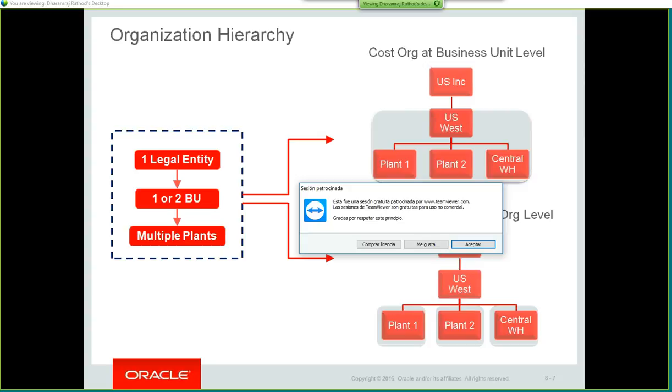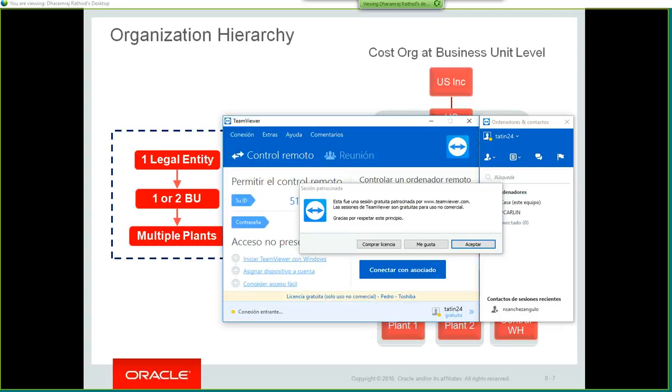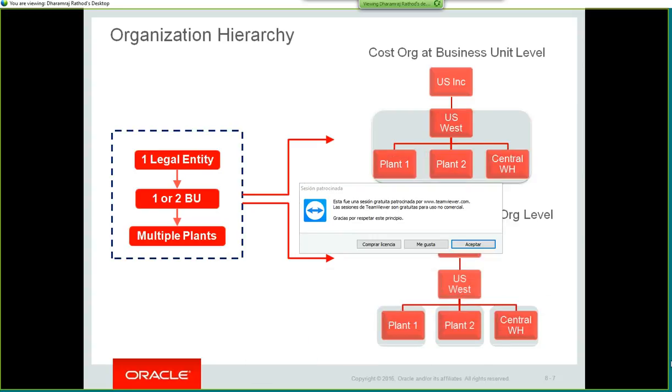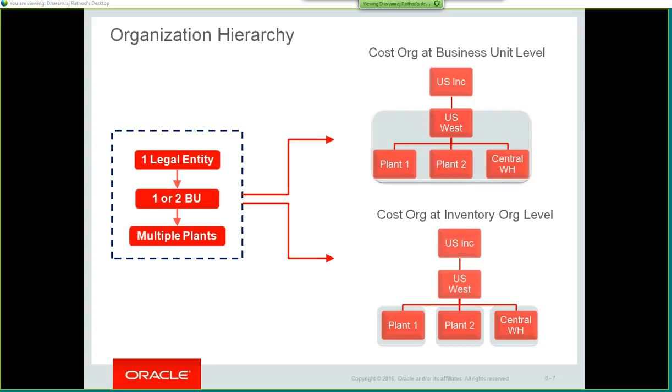Somebody had a question: can I have a one-to-one mapping between cost organizations and inventory organizations? You could do that, or you could have all your inventory organizations within that business unit stamped on a single cost organization. We have inbuilt validations where, whenever you create the cost organization, you could classify your existing organization as the cost organization, or you can create your own.